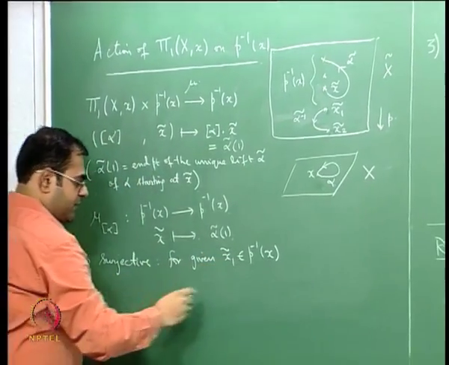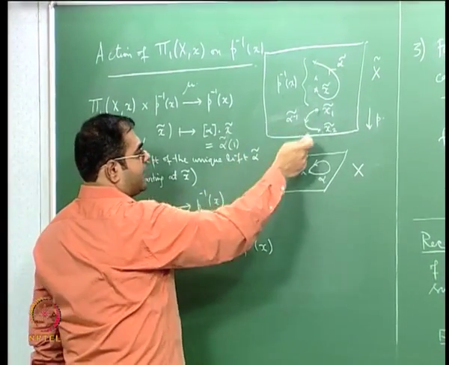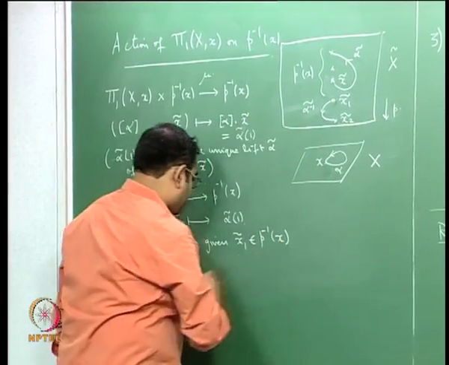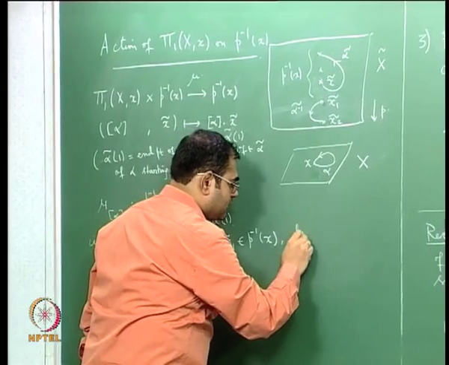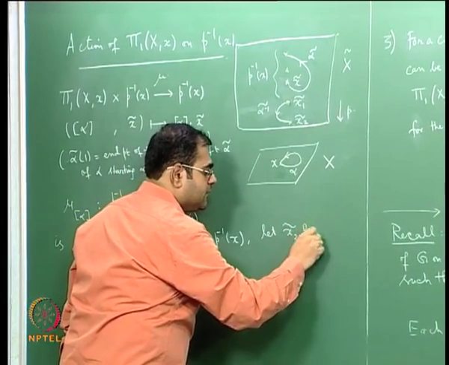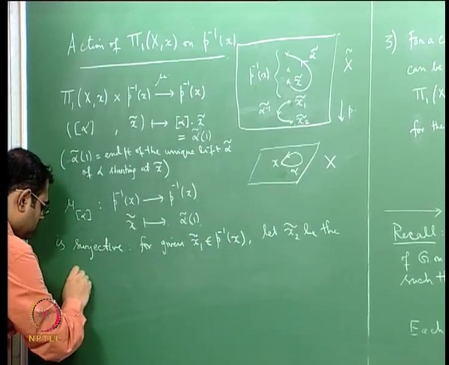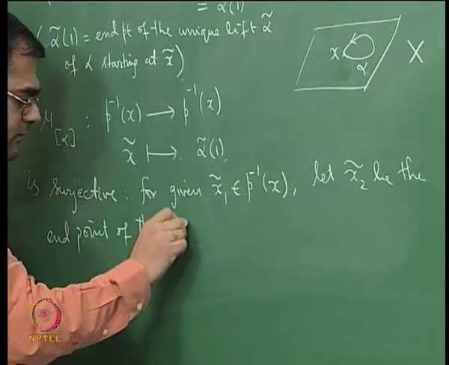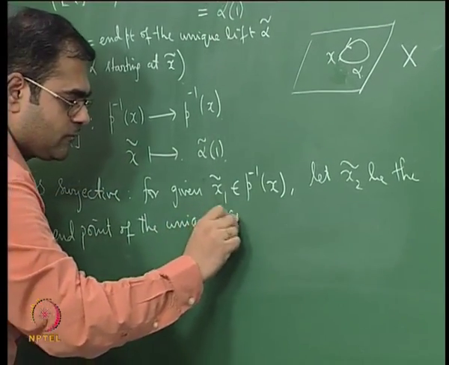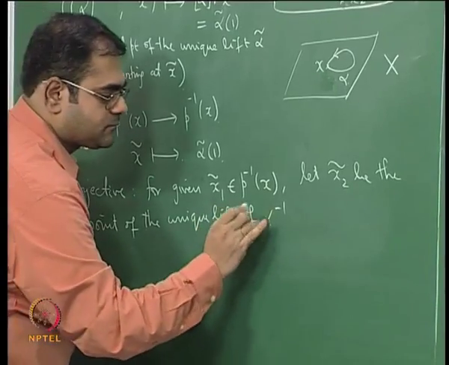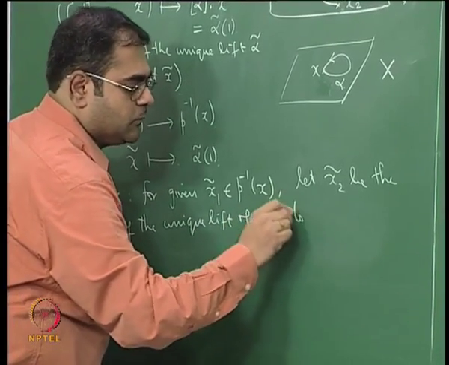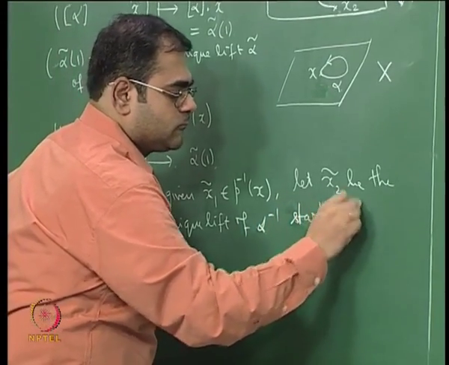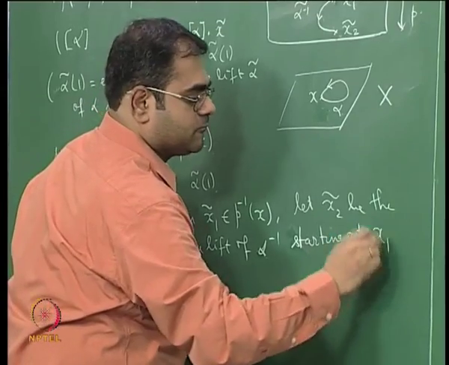So that tells you that given an x1 tilde, I am able to find an x2 tilde which maps to it. Let me write that down. Let x2 tilde be the endpoint of the unique lift of alpha inverse starting at x1 tilde.